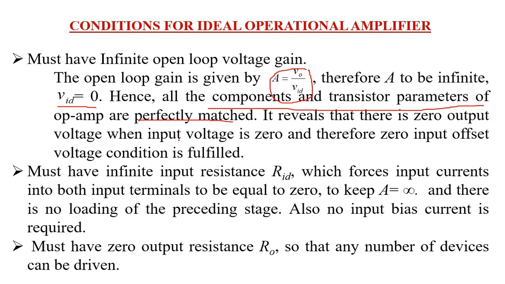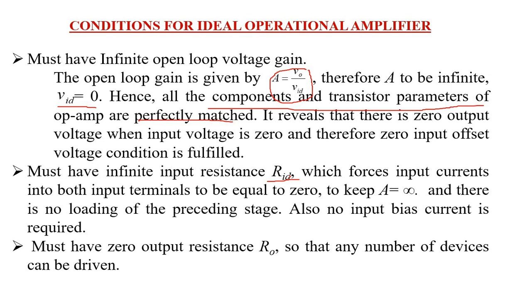Another condition for ideal operational amplifier is that it must have infinite input resistance RID. This is the differential input resistance, which forces input current into both input terminals to be equal to 0. Why is this so?